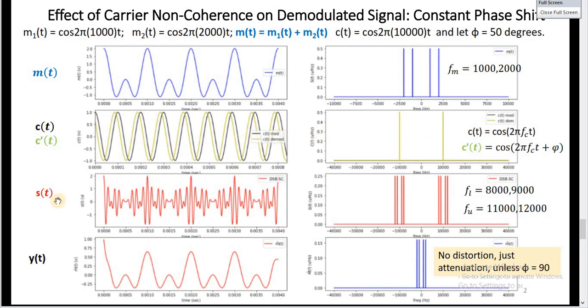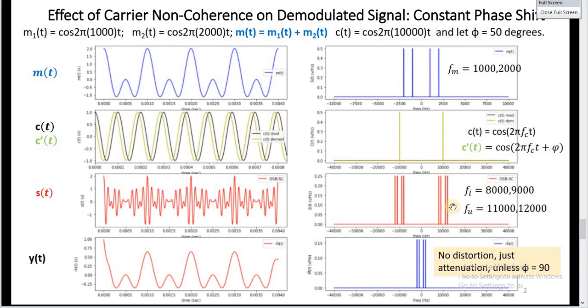The modulated signal S of t is of course the product of the message signal and this black carrier cosine 2 pi 10,000 t. In the frequency domain, as we observed, the spectrum of the modulated signal can be obtained by shifting the spectrum of the message signal to the right by 10 kilohertz and to the left by 10 kilohertz.